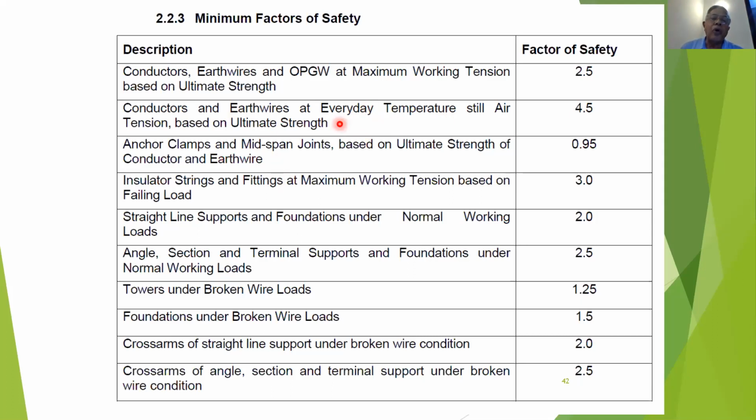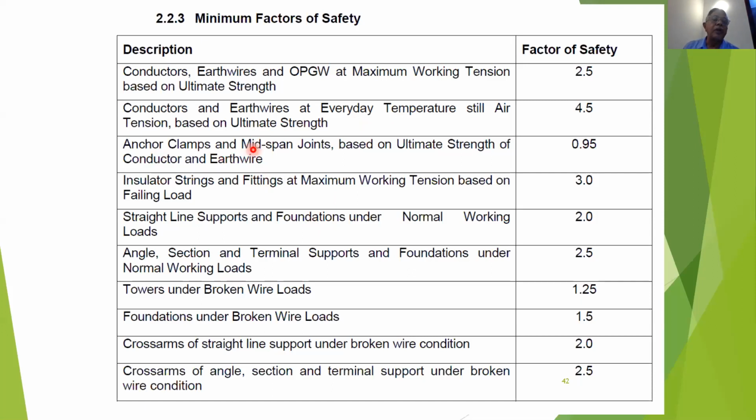For transmission lines in Nuwara Eliya and other very cold places, you take 0 degrees, and the maximum wind condition to design the transmission line. So region to region and country to country, temperatures and wind forces are different.